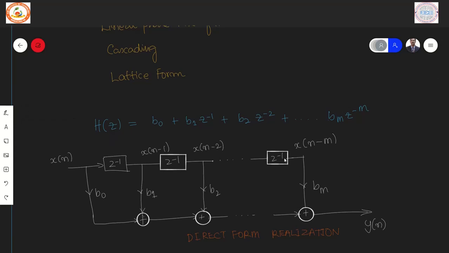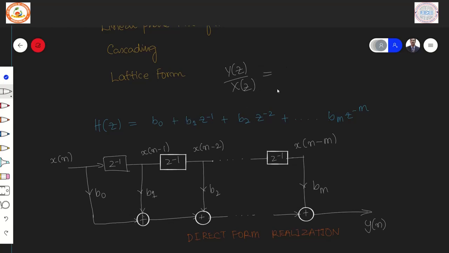We have to replace H of z by Y of z by X of z, which is equal to the quantity here. Then when we cross multiply, the B0, B1, B2, all these terms are multiplied with Y of z, and X of z is multiplied with 1.